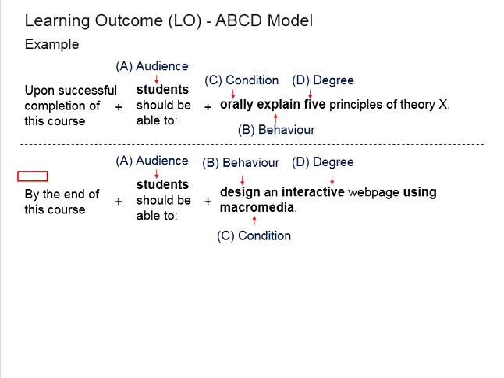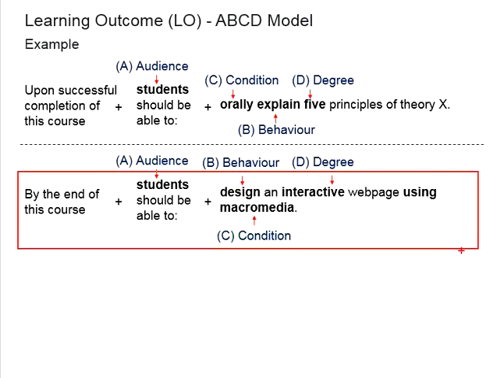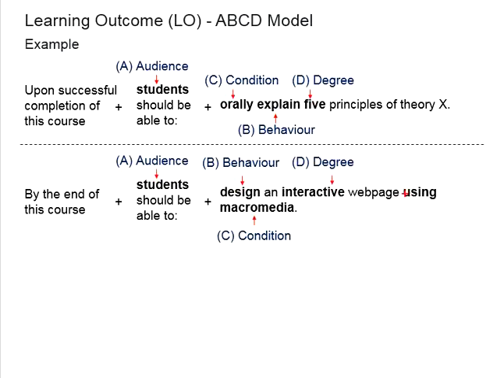Now, when the learning outcome is established, the website needs to be interactive, and the design of the website will have to be on the basis of macromedia. And if you look at the verb here, we are talking about design. That means there will be combinations of various relevant skills as learned from this course.